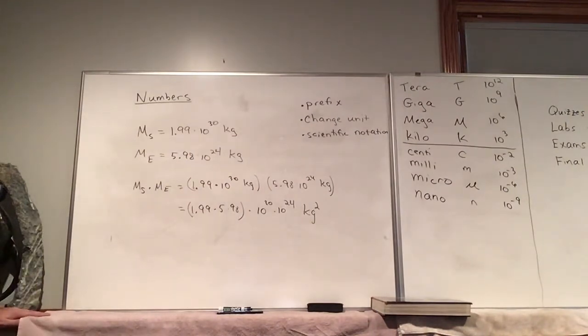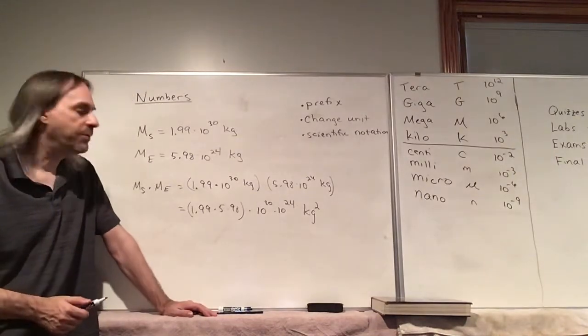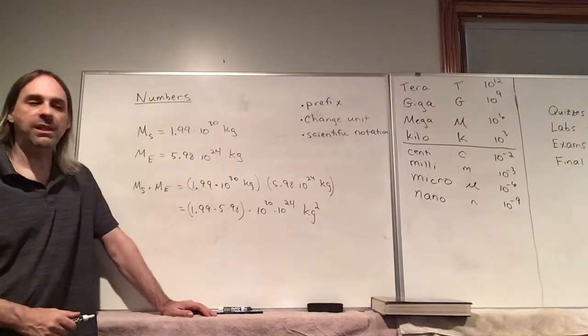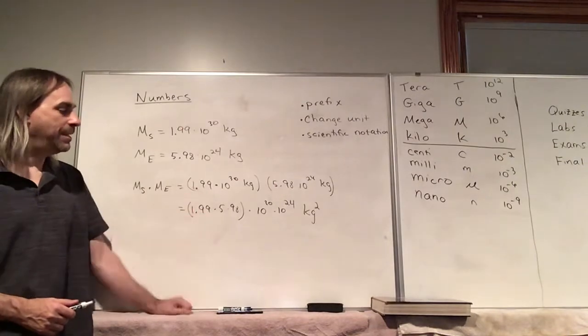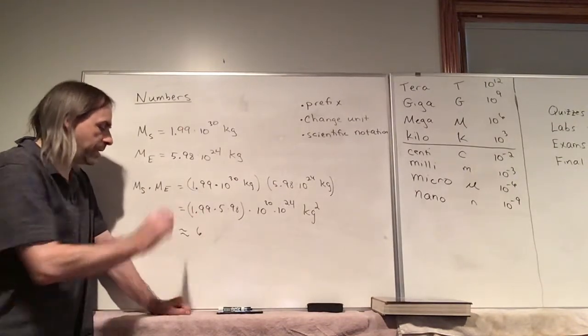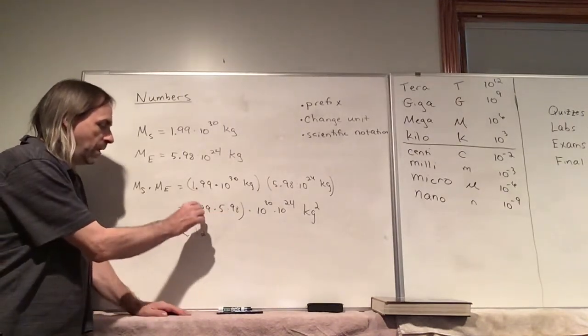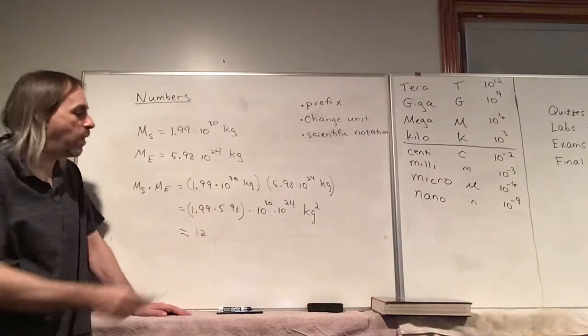Now, multiplying these two numbers might have looked a little bit intimidating, but you can practically do this in your head. 1.99 times 5.98 is around 6, so 2 times 6 is 12.